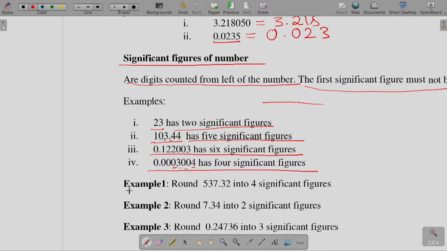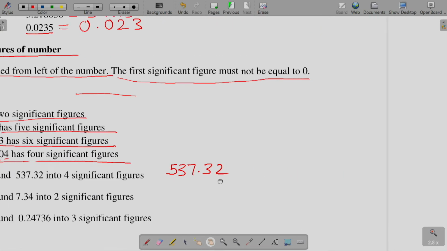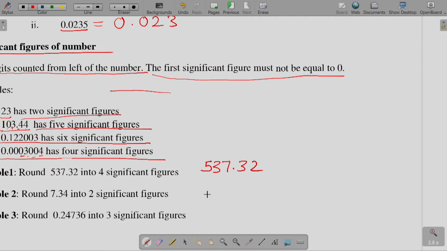We will start with example number 1, where we are required to round this number into 4 significant figures.